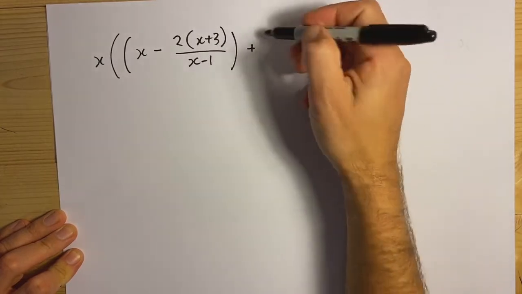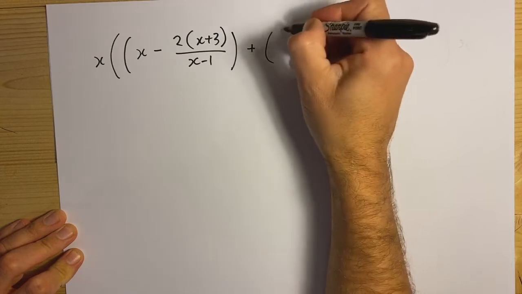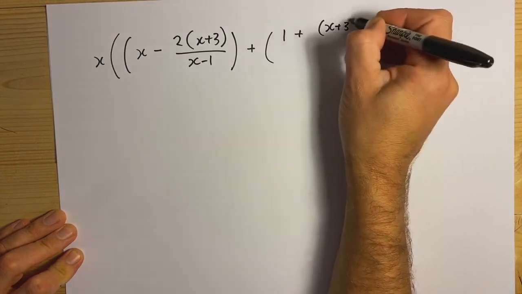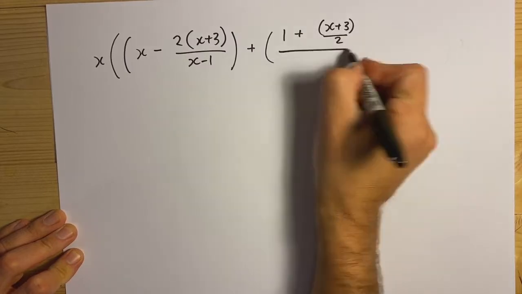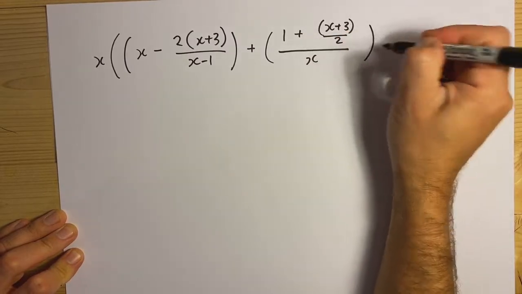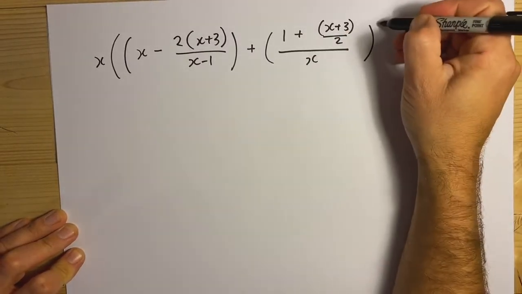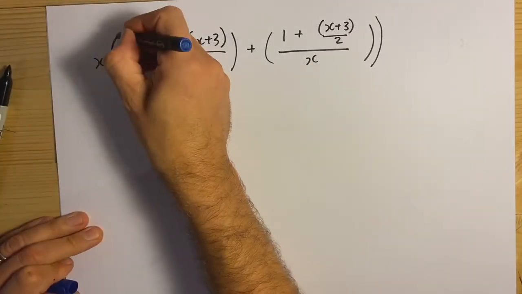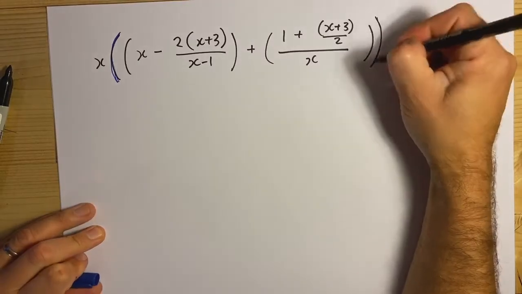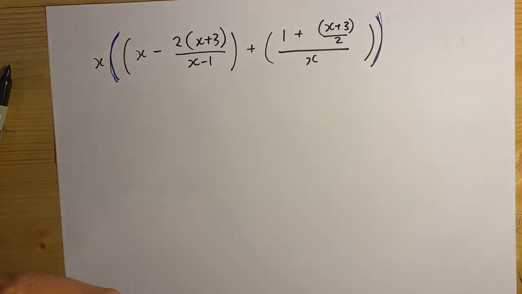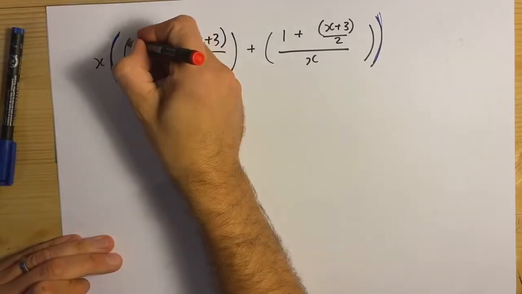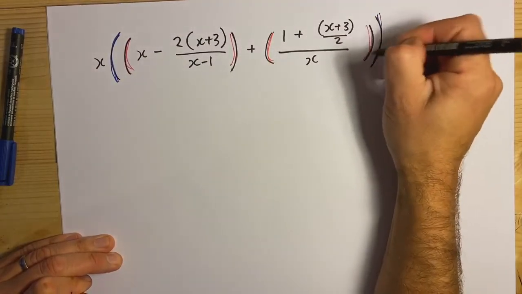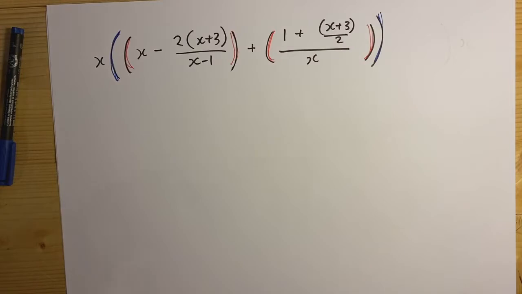Then we're opening another set, and this one is going to be 1 plus x plus 3 over 2 all over x, and then we close the whole thing. So one way we could highlight this, we could say this one is our blue bracket, this closes the whole thing, and then we've got two sets of red brackets here. And then we've got the black brackets in the middle.